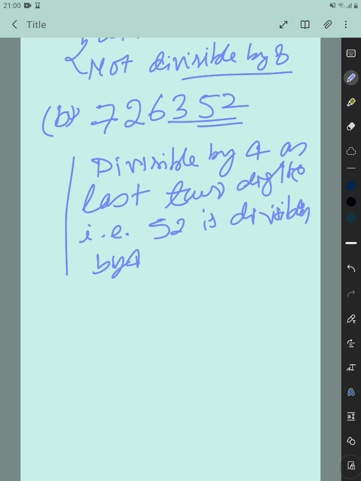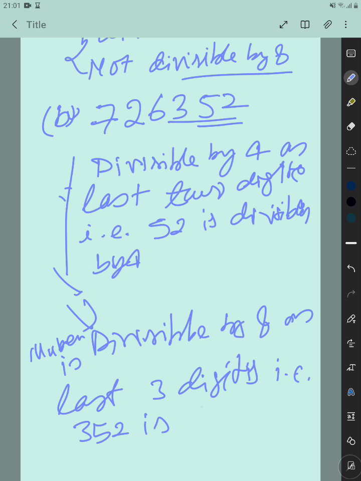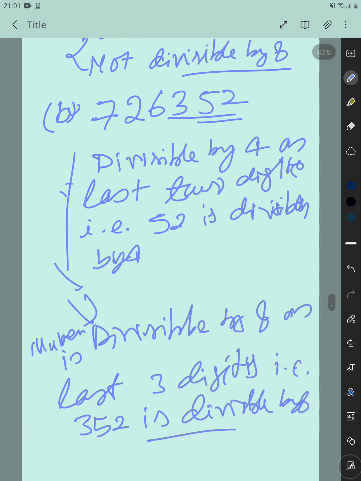The same thing that we wrote here for 4, we will write the same way: the number is divisible by 8 as the last three digits, that is 352, are divisible by 8. You need to write like this.